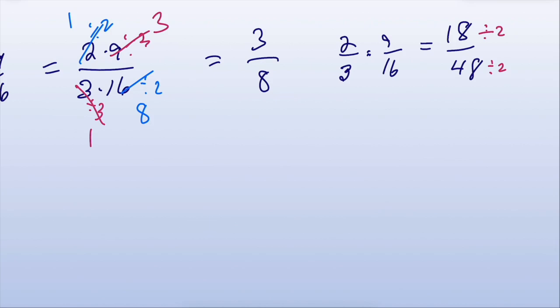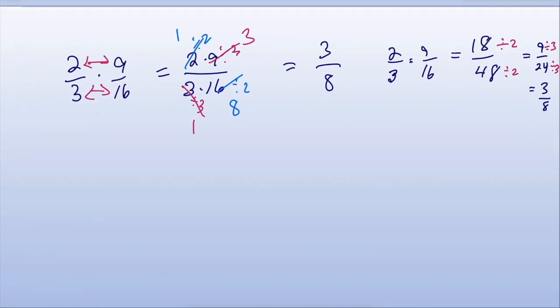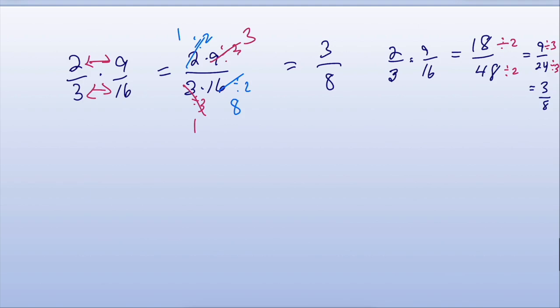You get 9 over 24. Oh, they're all divisible by 3. Divide them by 3. And you get, for a final answer, 3 over 8. So you can multiply first and then reduce, or you can reduce first and then multiply. I think reducing first and then multiplying makes it just smaller numbers you're dealing with, but be careful as you go.